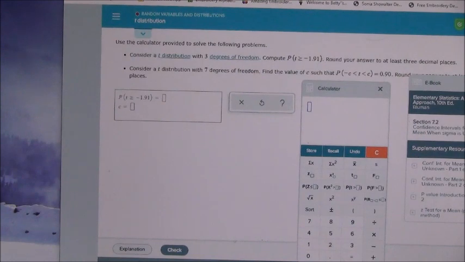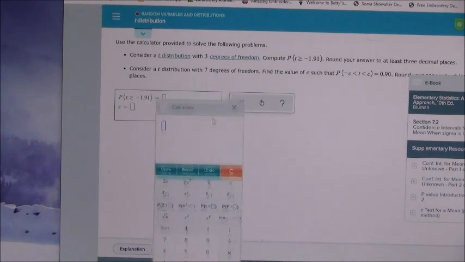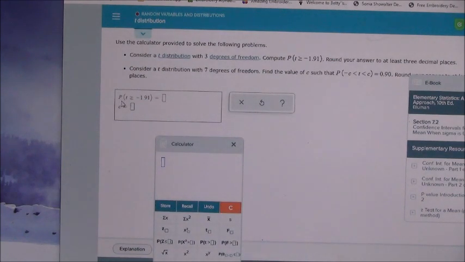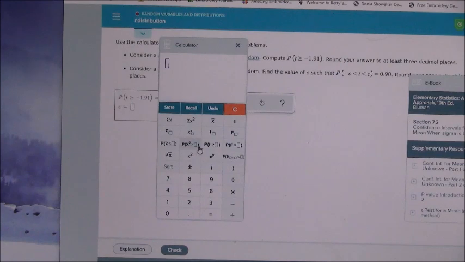So if I am going to do that on the ALEKS calculator, if I grab my ALEKS calculator here, it's going to look something like this. I want the probability of t being greater than or equal to, in this case we have negative 1.91, but on here we wanted to do 1.11 on our technology activity. So you'll notice on your calculator here we just have P of t is greater than. You don't have to worry about the equal to, but I'm using the P of t is greater than.